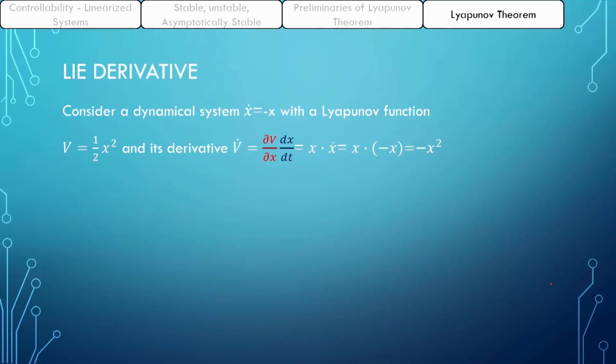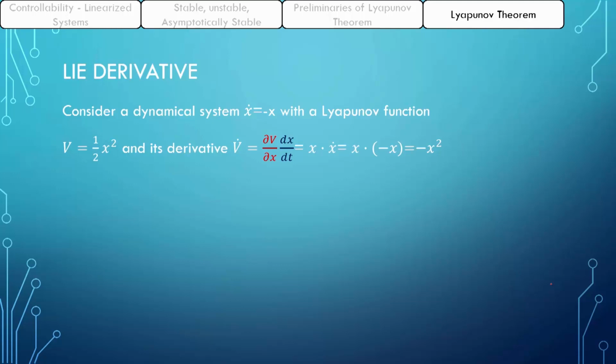Use the chain rule. In general, there's a term called the derivative. Given a dynamic system, it's something like f equal to some ODE. If you choose a Lyapunov function which is positive definite, then its time derivative v dot is equal to this.